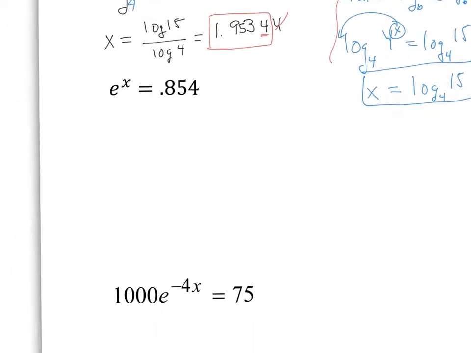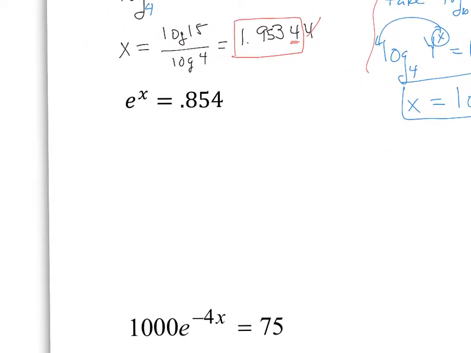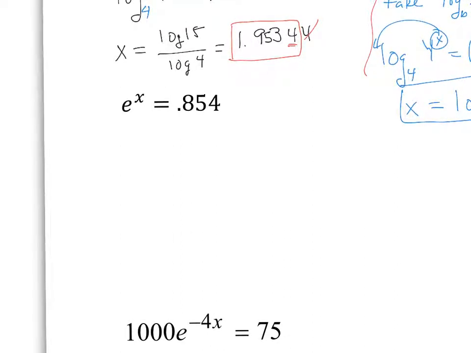All right, let's go ahead and do the same thing for this question. So what I have here, again, I want to change this. This is my base here. So because e is my base, I must use the natural log.